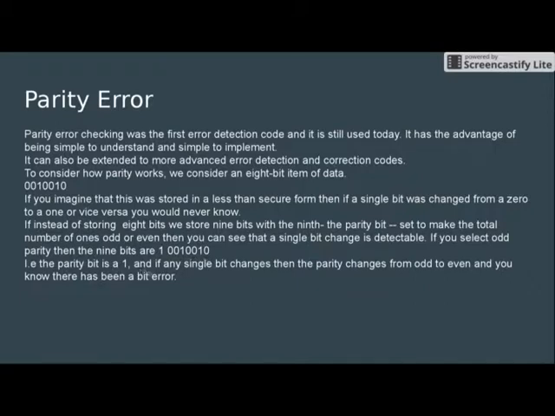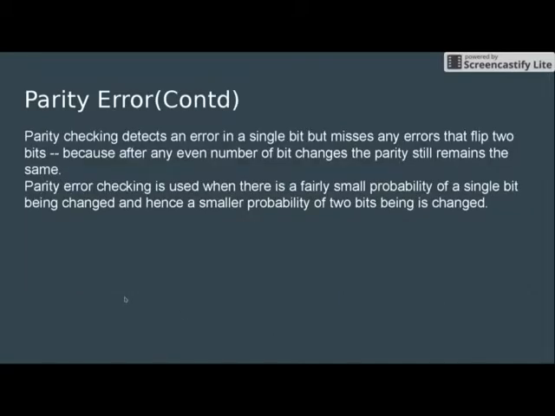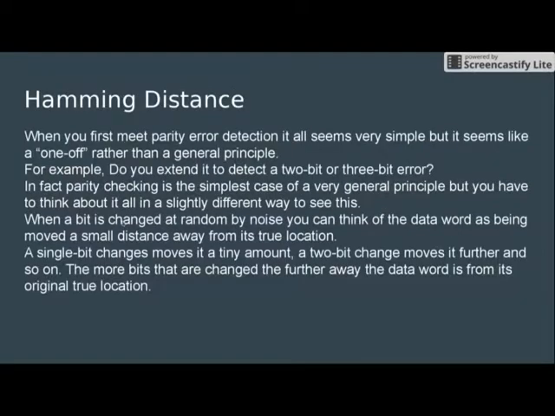And if any single bit changes, then the parity changes from odd to even, and you know there has been a bit error. Parity checking detects an error in a single bit but misses any errors that flip two bits, because after any even number of bit changes, the parity still remains the same. Parity error checking is used when there is a fairly small probability of a single bit change, and hence a smaller probability of two bits being changed.